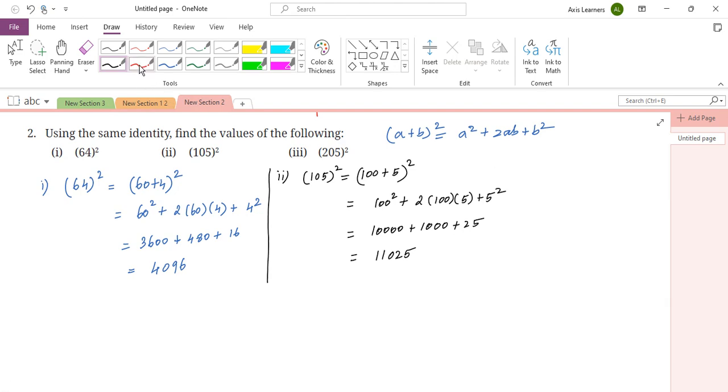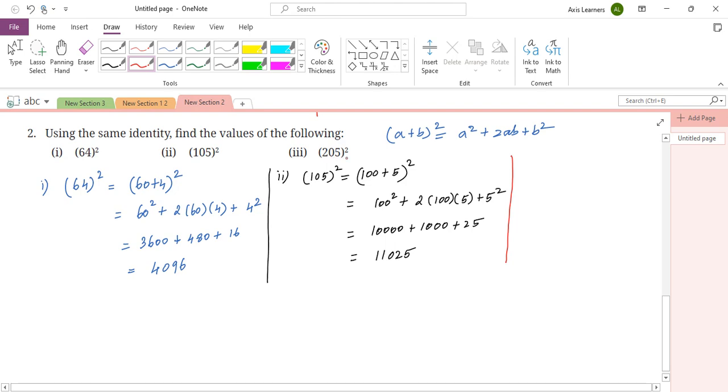Now we will do the third one. The third one is similar to the second one, but it is 205, the whole square. We can split this as 200 plus 5.